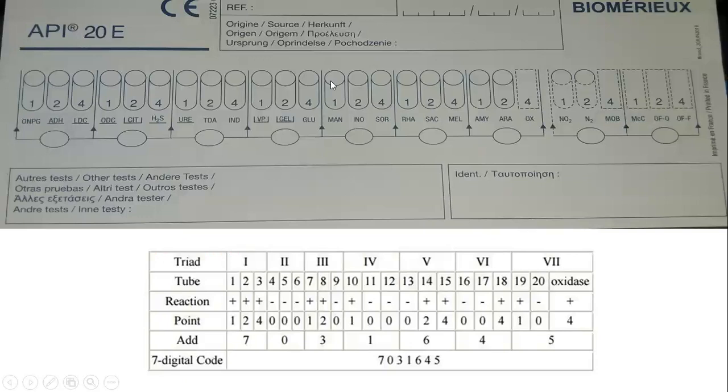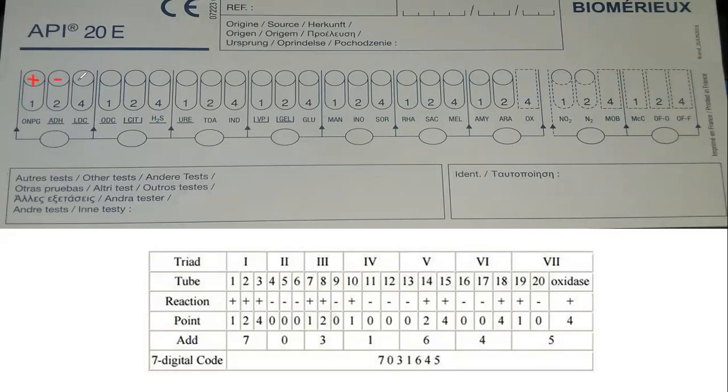After you get your results, you know which one is positive and which one is negative. This is a special type of paper that will be present with you, and you have to fill it in. For example, if ONPG is positive, you will write positive.